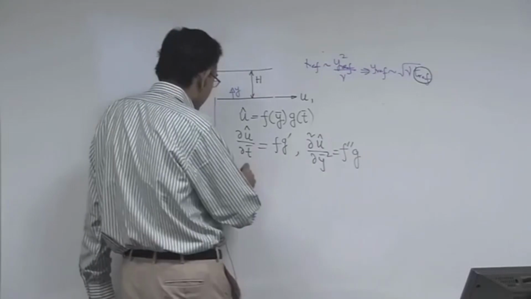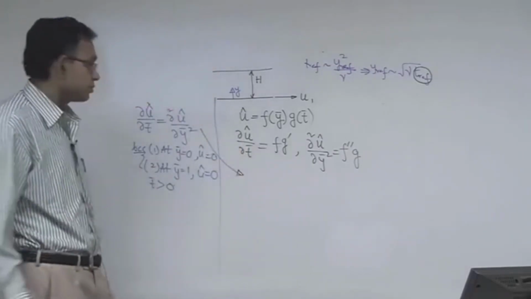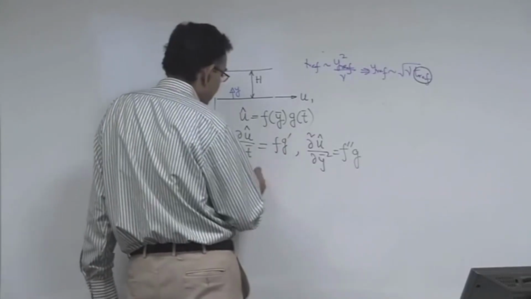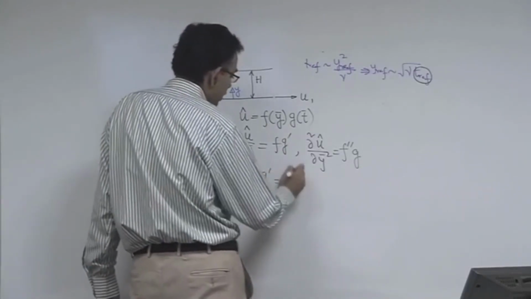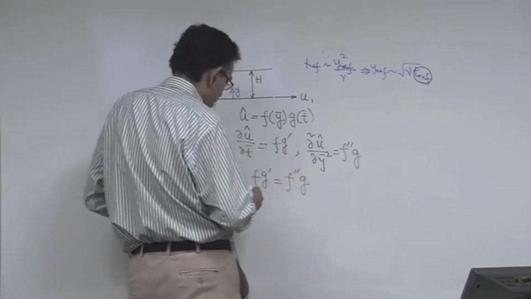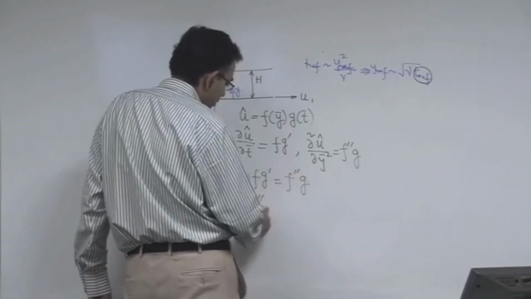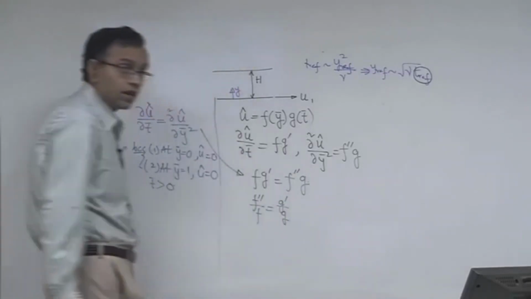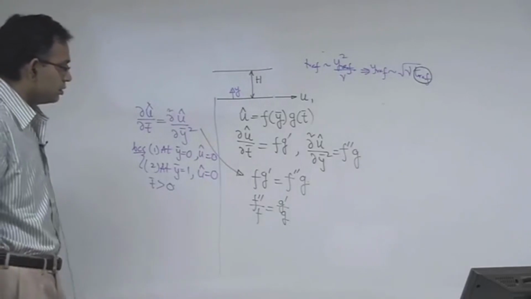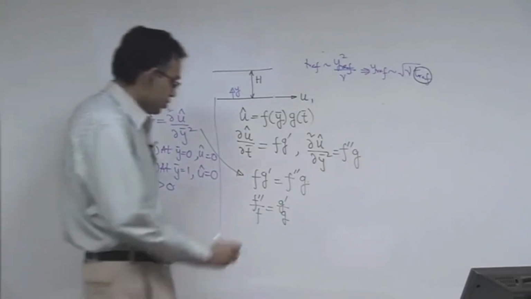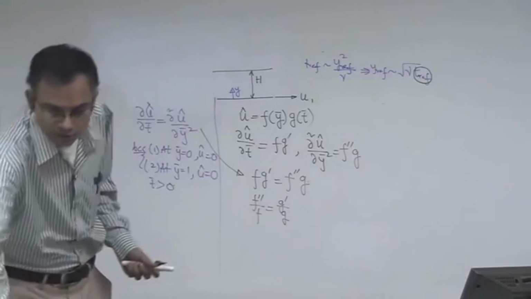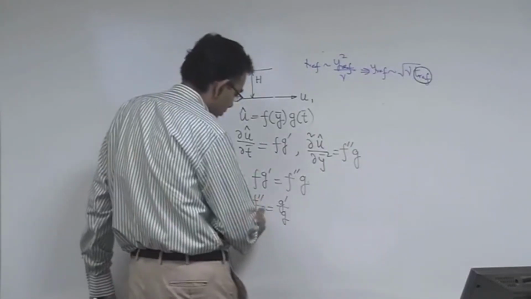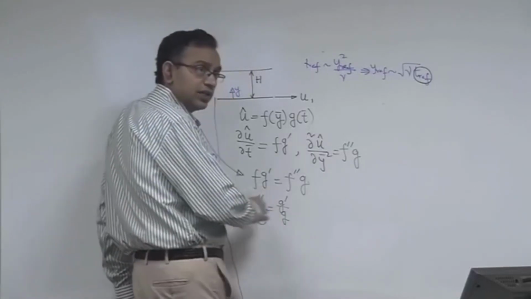So, if you substitute that in the governing equation, you will get f g dash is equal to f double dash g. So, f double dash by f is equal to g dash by g. By this time you have appreciated why we are interested in writing it in this way.